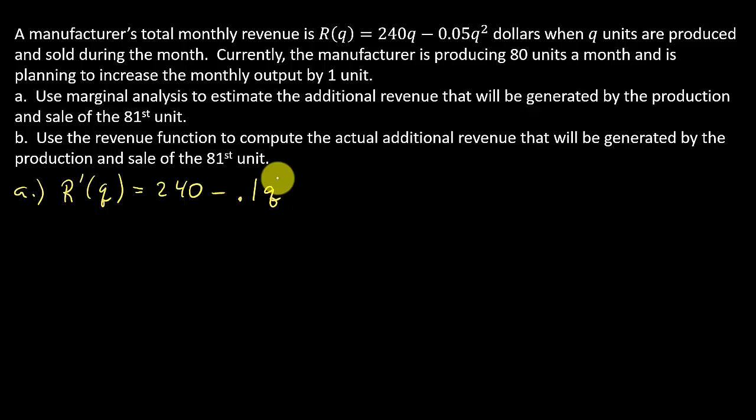And then to estimate the additional revenue from the sale of the 81st unit, we just simply evaluate the derivative at 80, not 81, but 80. So that's going to be 240 minus 0.1 times 80. And then when you punch that into your calculator, you get $232.